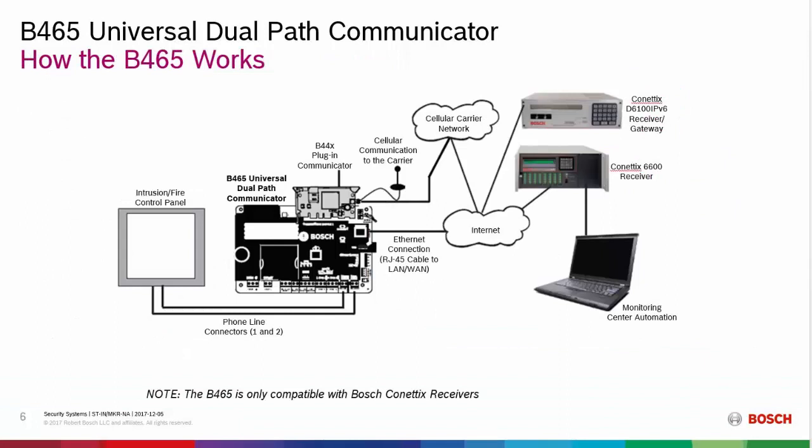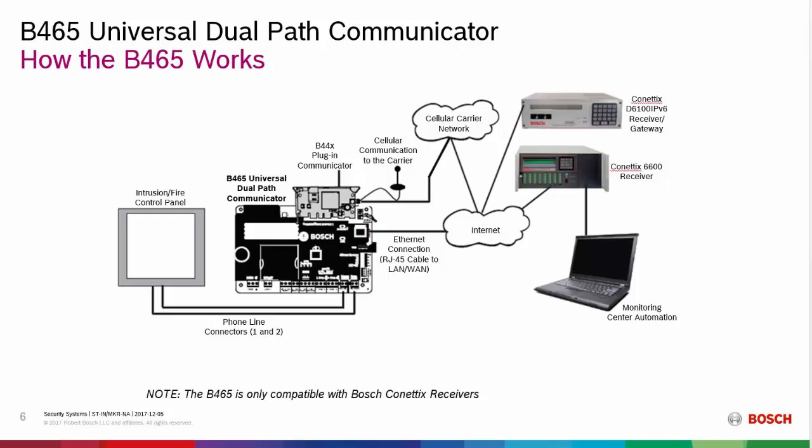So this is a diagram basically just showing a typical installation of a 465. You have your intrusion panel or fire panel that is a legacy panel mounted on the wall, and essentially what you do is you mount the 465 right next to it, and you tie the phone lines that used to carry the signal to the central station receiver, and now you just tie them directly into the 465.